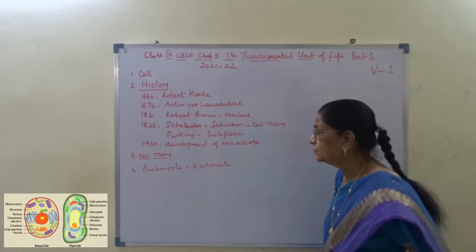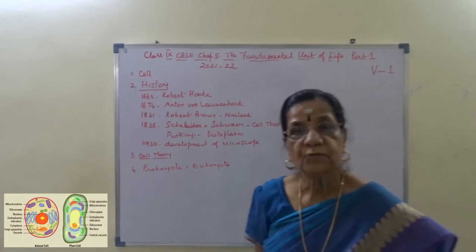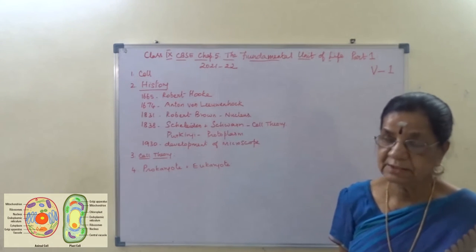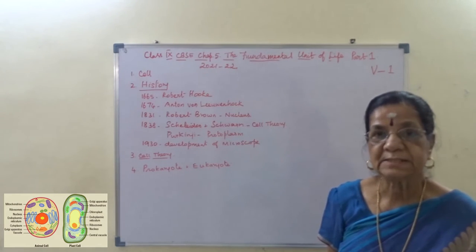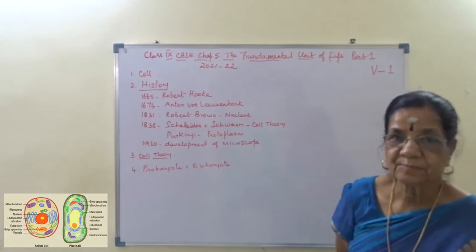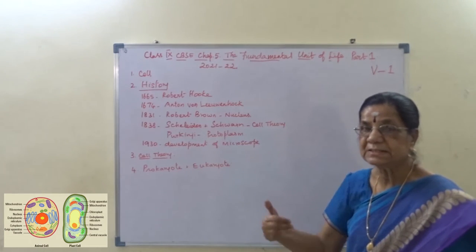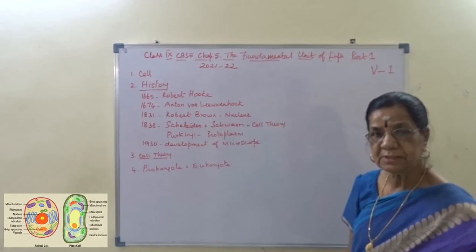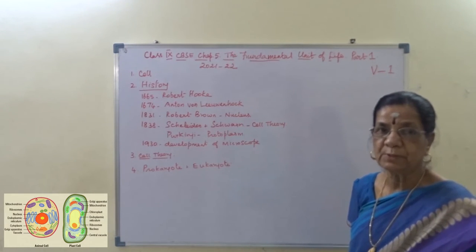And from 1930 onwards, the development of the microscope led to the study of detailed structure of plant and animal cells. I hope you understand. So this is the history. So far I have just restricted the number of years. There is a list of scientists who discovered certain cell organelles, which we will do one by one.